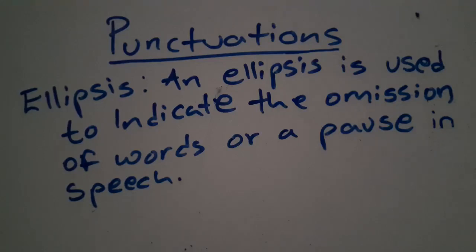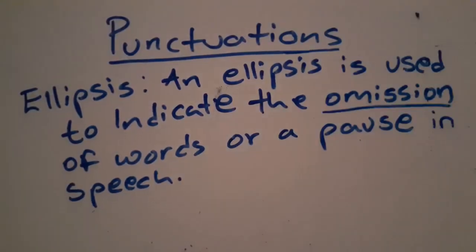Having looked at parentheses, we can now go on to look at ellipsis and how it is used. An ellipsis is used to indicate the omission of words or a pause in speech.